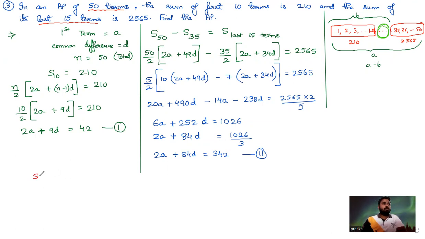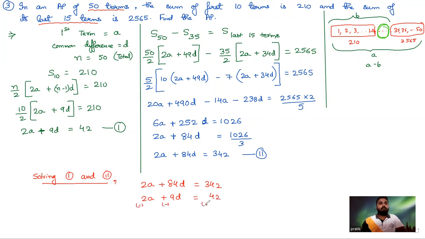Solving equations 1 and 2. When you are trying to solve the two equations, this is 2a plus 84d is 342, and 2a plus 9d is equal to 42.